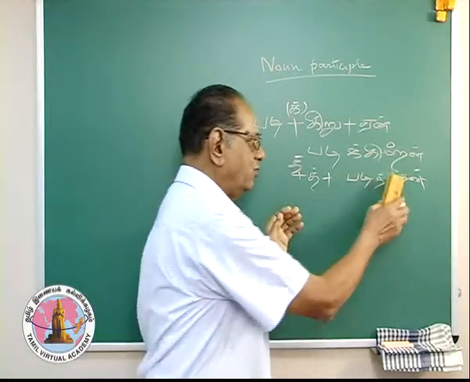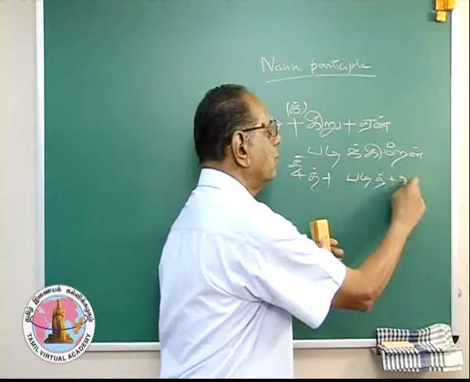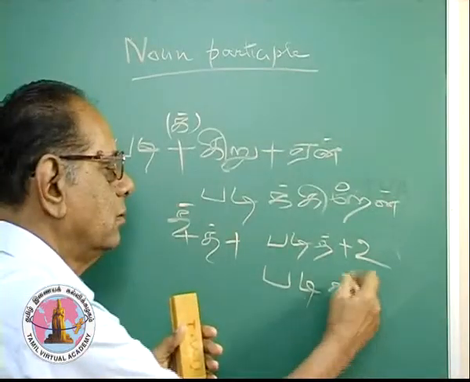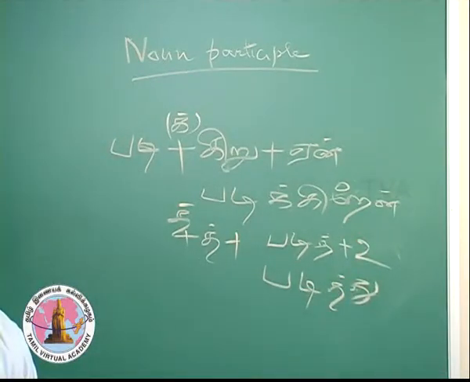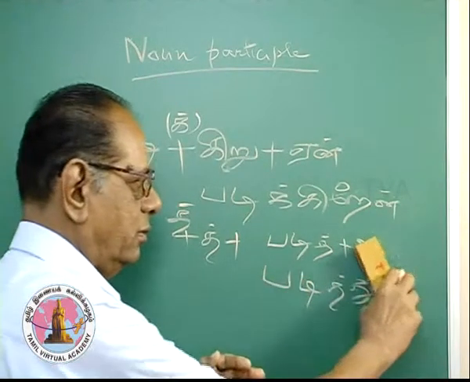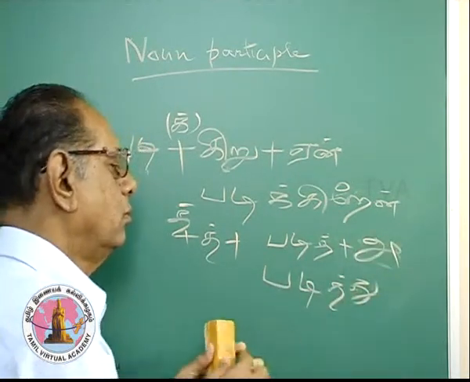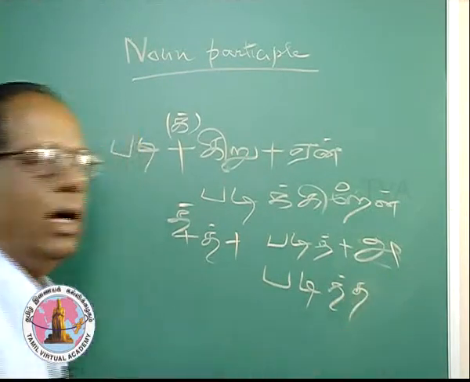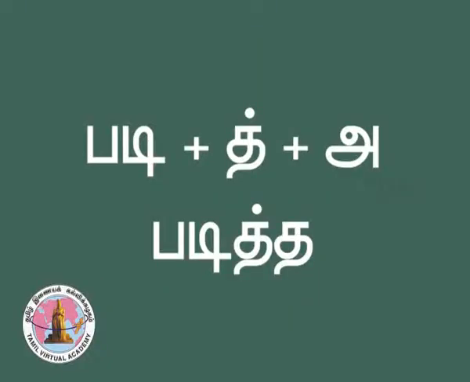We take this form and make it a verbal participle. Instead of u, I add a and make it a noun participle.